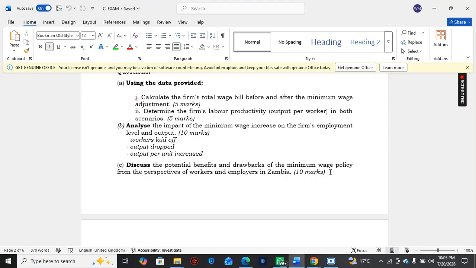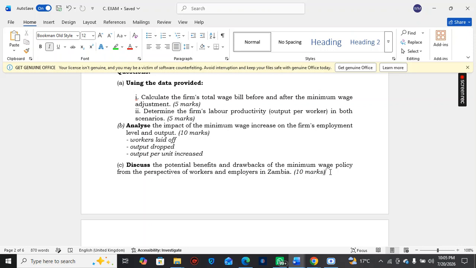Salaries increased. The disadvantage from the workers' point of view is that now some had to be laid off. So it's a blessing and a curse. Your salary increases, but now you're on the chopping board to get laid off.